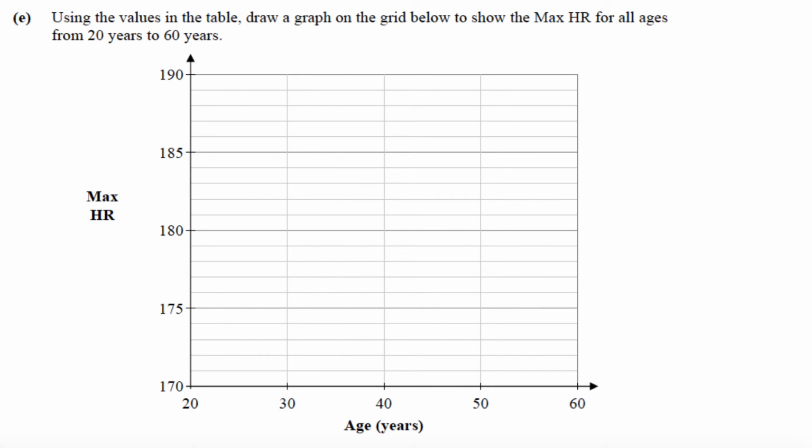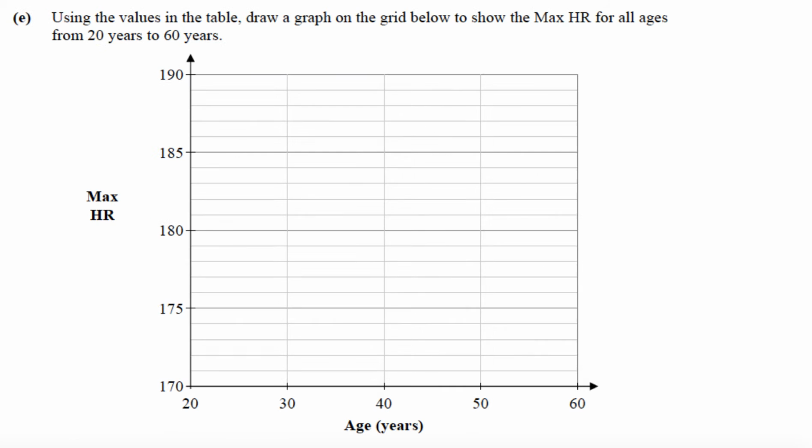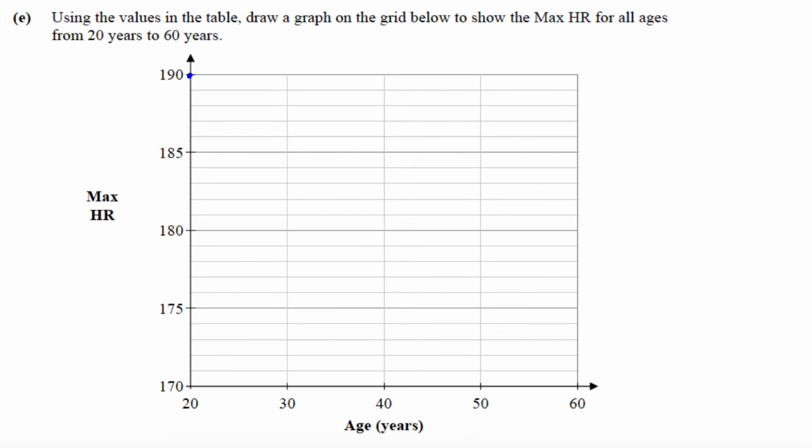And finally, part E says using the values in the table, draw a graph on the grid below to show the max heart rate for all ages from 20 to 60 years. Okay, so we're going to use the values from the previous table. So 20 years, 190 heart rate. So 20 years here, that's 190 heart rate, so that's one point on the graph. 30 years, 186.